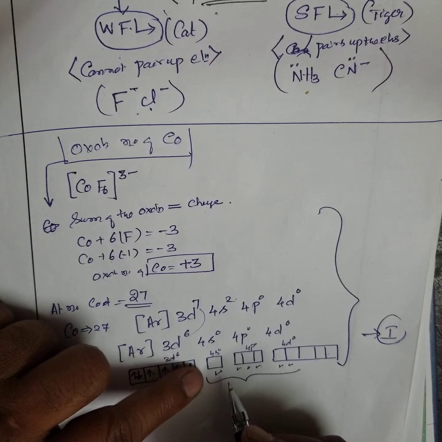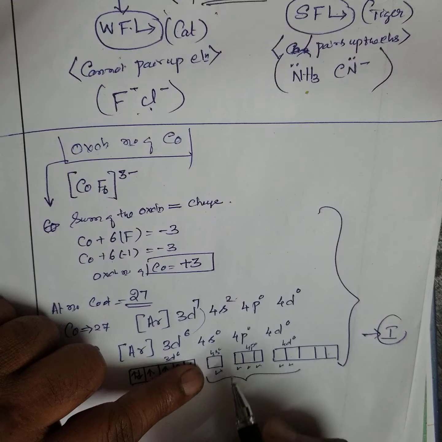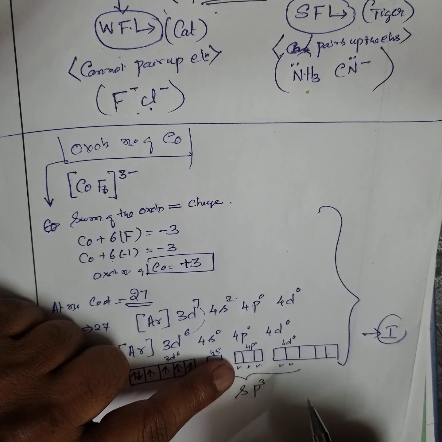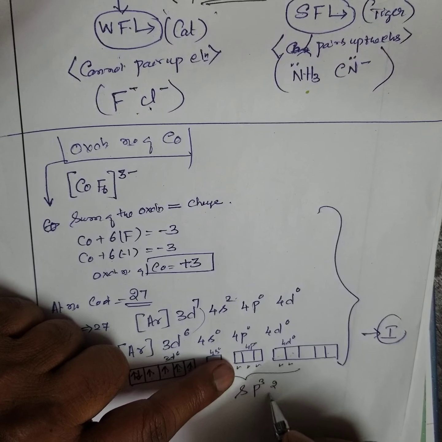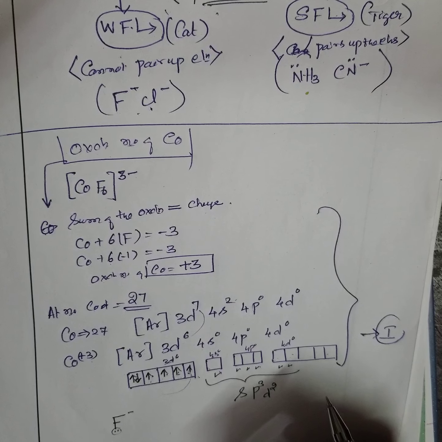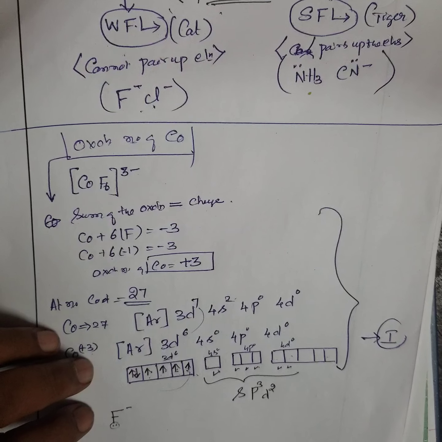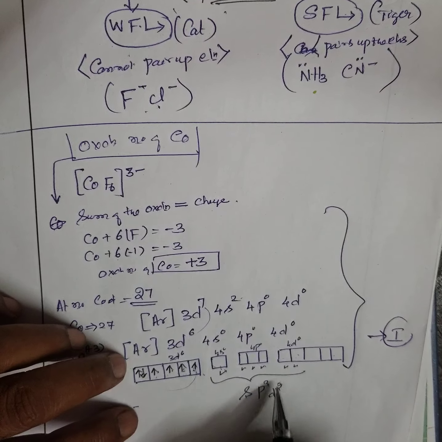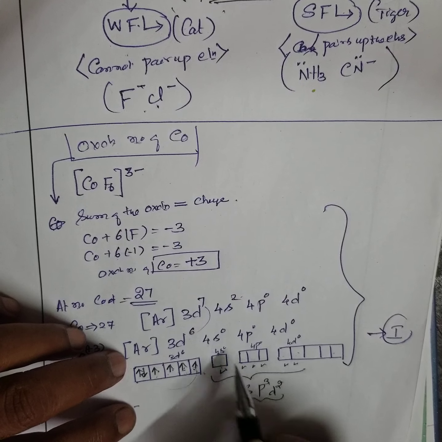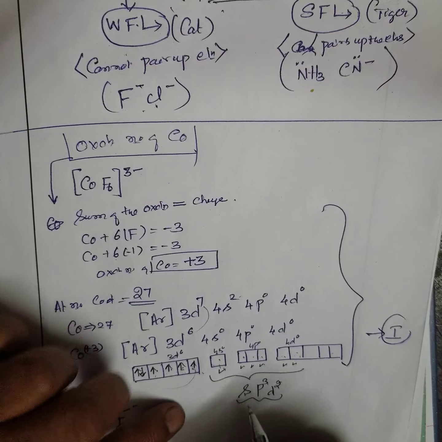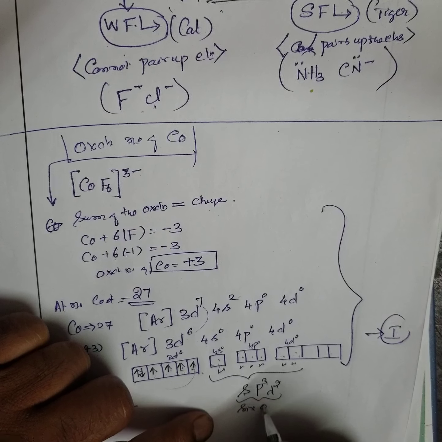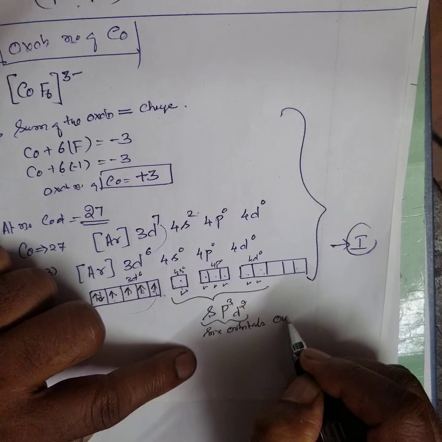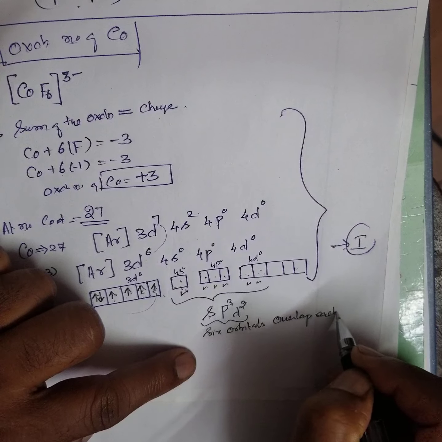Can you follow? That is one 4s, three 4p and two 4d. Got it? Here one s, three p's and two d's overlap each other. How many orbitals? 1, 2, 3, 4, 5, 6 orbitals. There are 6 orbitals overlapping each other.